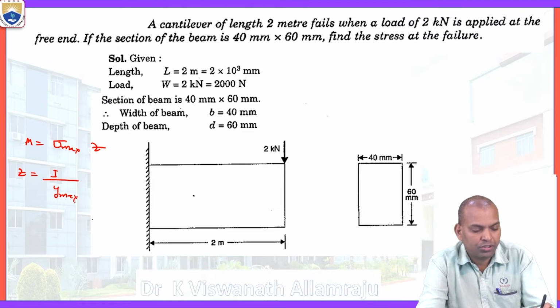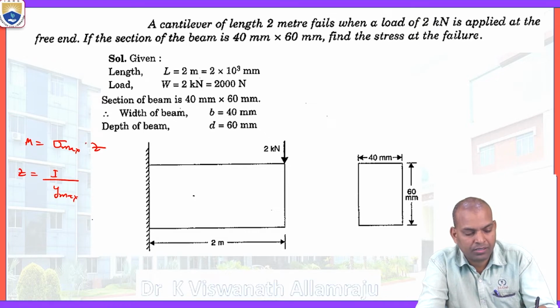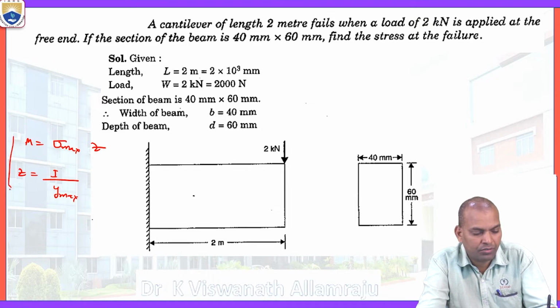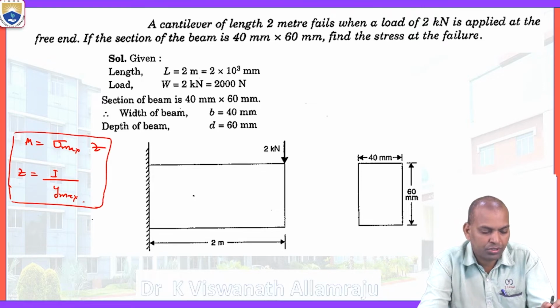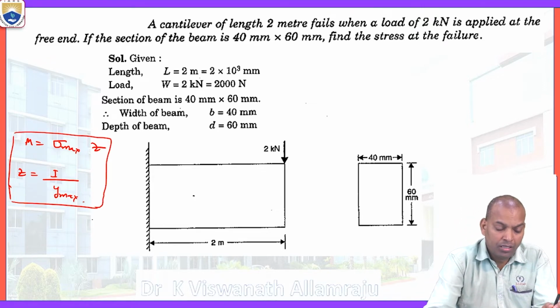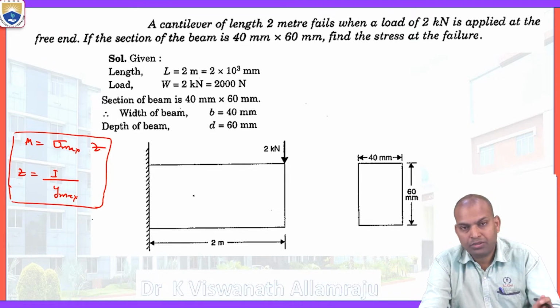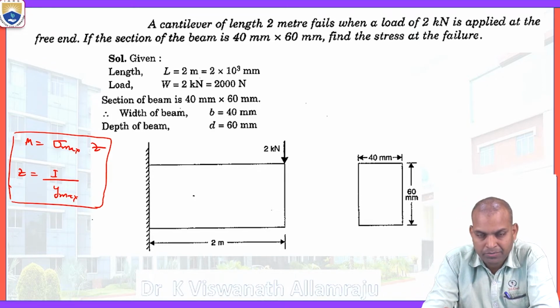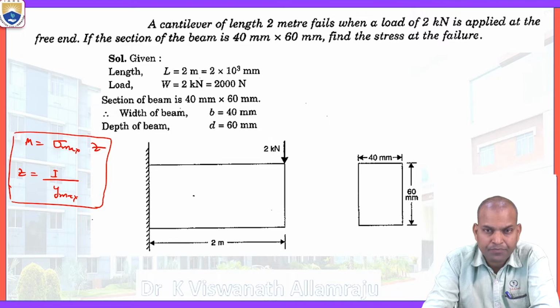By using these two formulae, we can find out the unknown parameters. Now, what is the M for a simply supported beam? M is different from a cantilever beam.